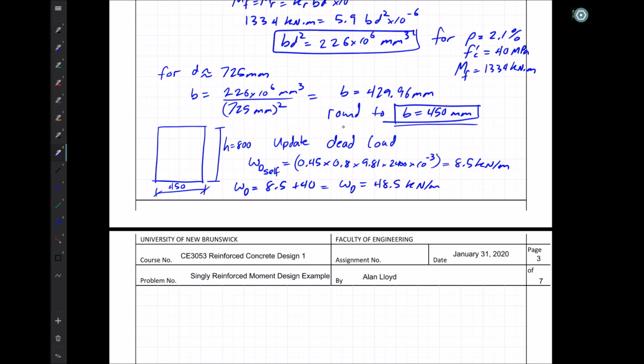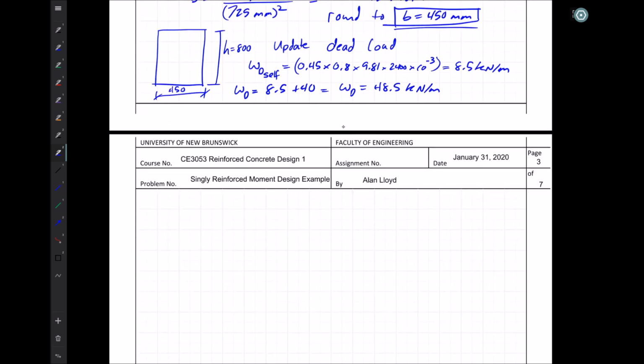kilonewtons per meter. And if we look at what we had in the previous calculation, we had 49.6. So we see it's certainly not very sensitive to a change in geometry because of that large value of superimposed dead load, but we should still update the value of WF and MF before we move on.